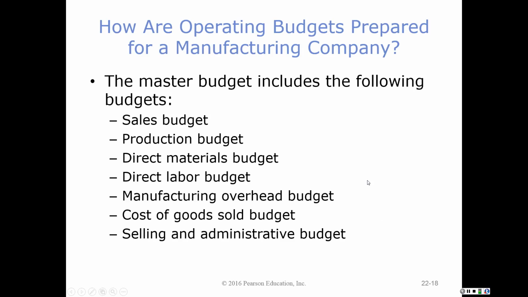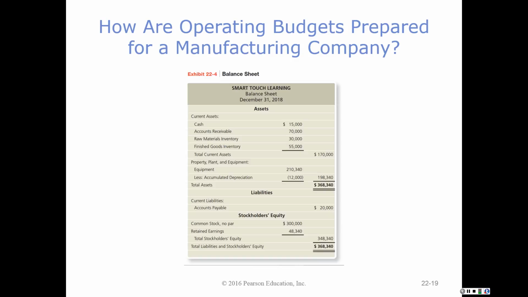So once again, these are the components, and this is the order in which those components would be prepared for the operating budget. So your book tells you that you're going to begin with the end in mind, and so they have actually pulled some information from their December 31st, 2018 balance sheet. Now remember, we're going to begin the preparation of the 2019 budget before the year-end 2018 takes place.